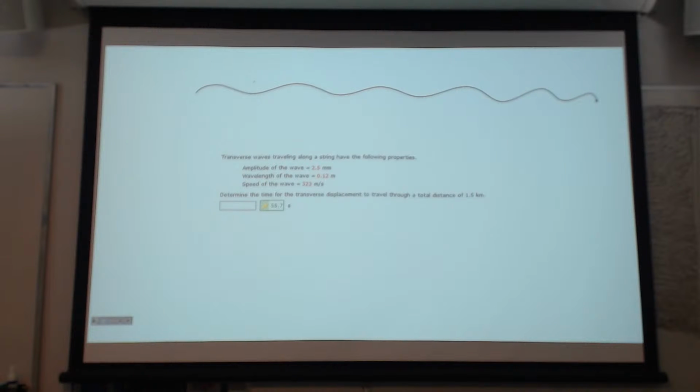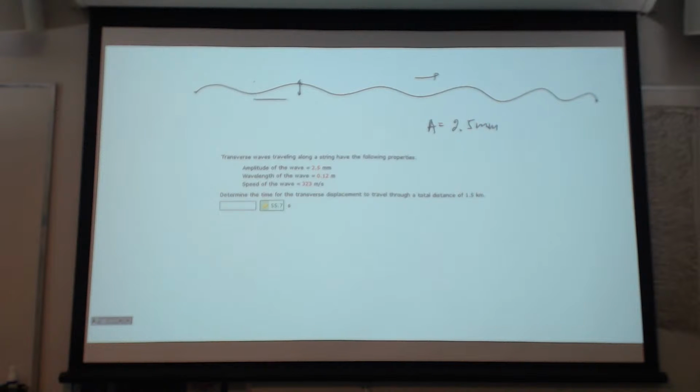What you have here, let's analyze. First, we have a string and a wave travels, doesn't matter in which direction, let's say to the right. You know the amplitude of the wave is equal to 2 point, well, you may have a different number.